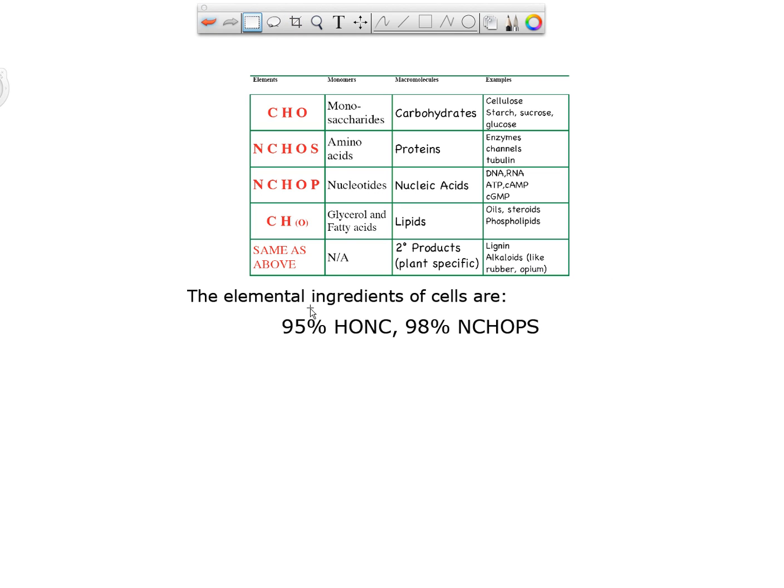Now, because of this relationship, because most of an organism is macromolecule, and macromolecules are made up of just these 6 elements, and almost all of the macromolecules are made up of just these 4 elements, you could say that we are 98% N-CHOPs, 95% HUNK.